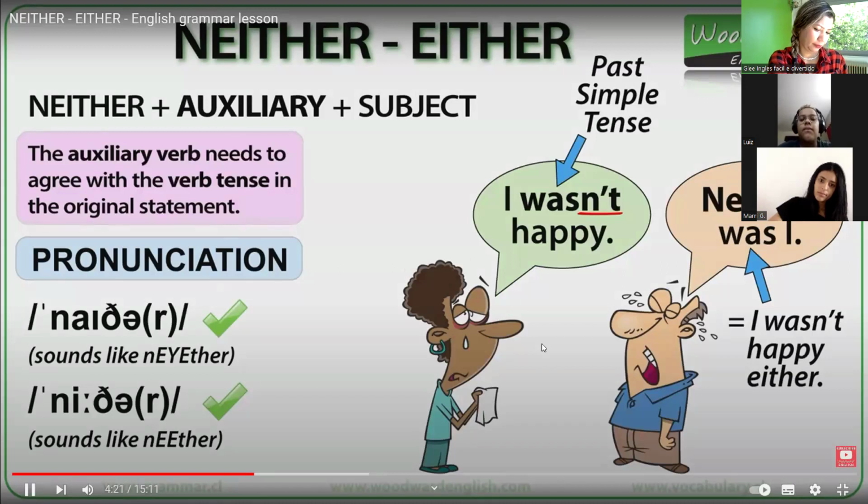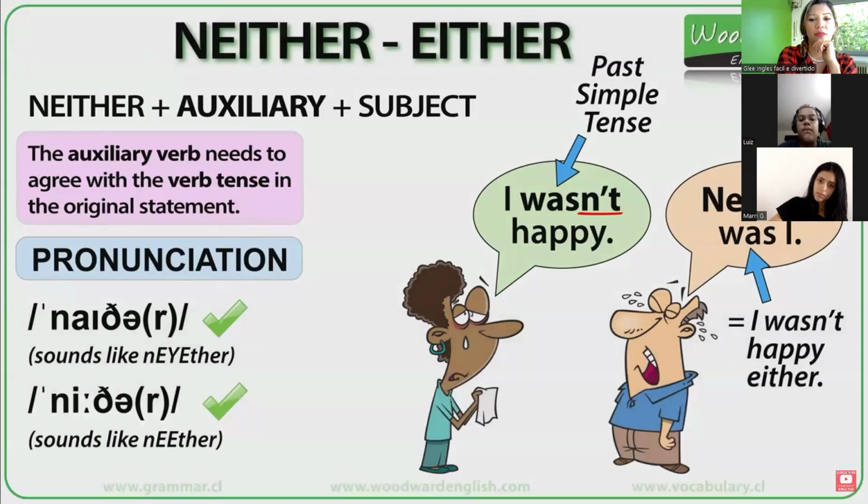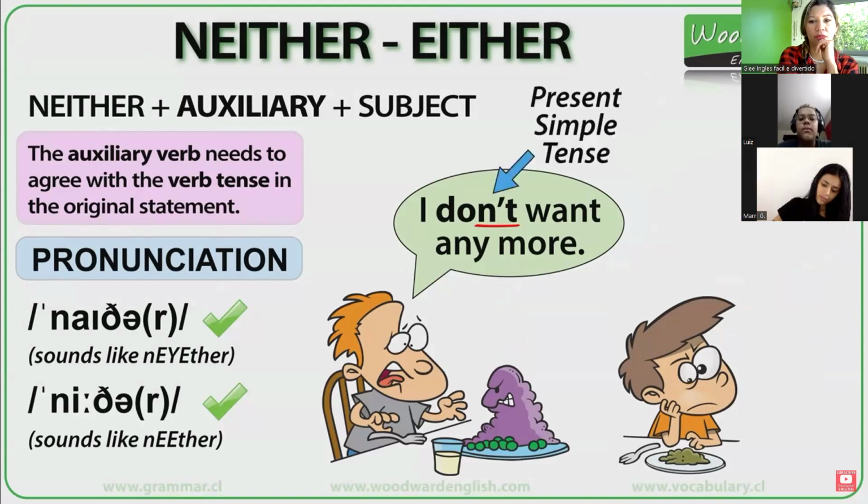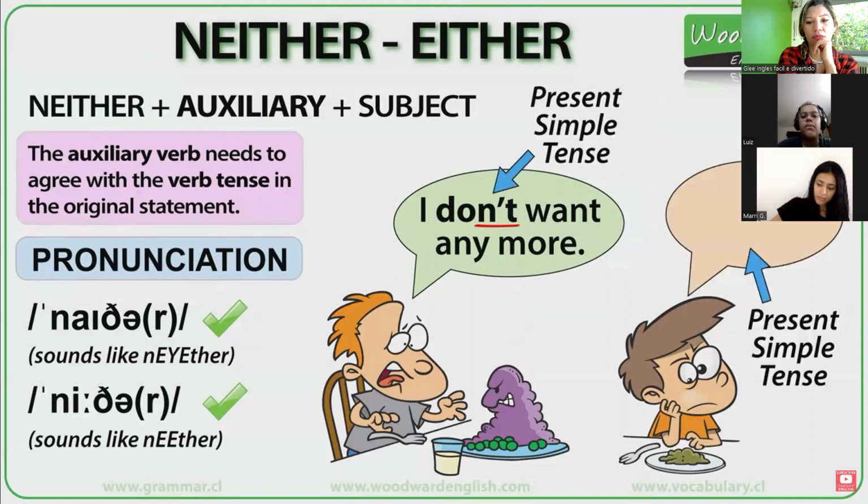That was past simple tenses. What happens with other tenses? Look at this sentence. I don't want any more. This sentence is in the present simple tense, which means the response also needs to be in the present simple tense.